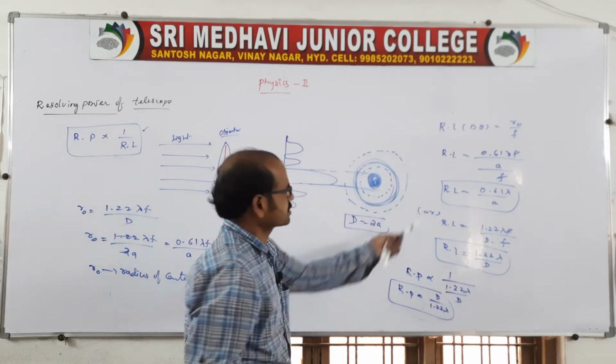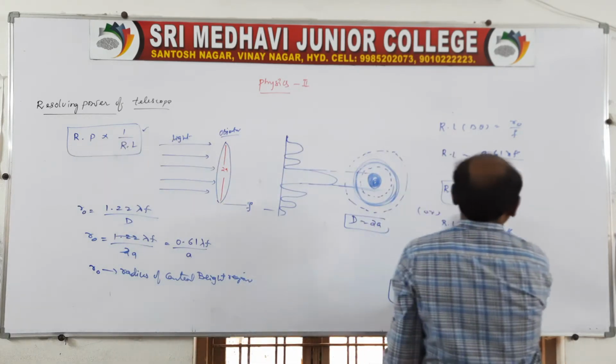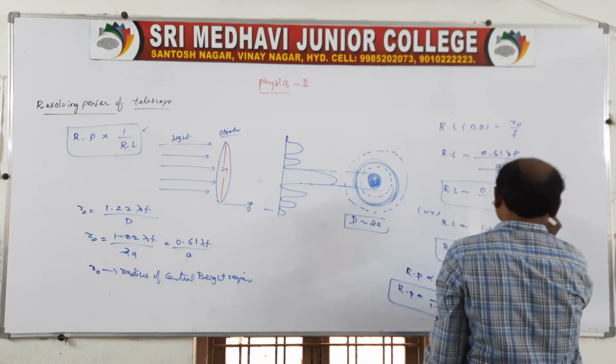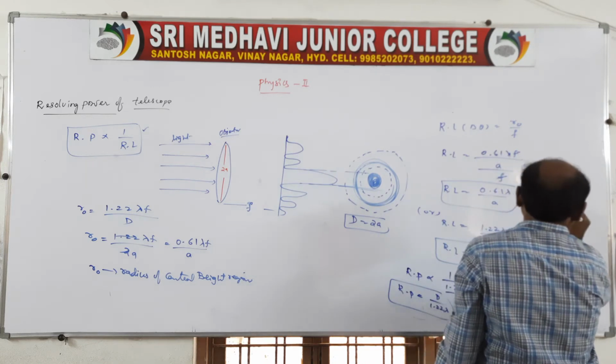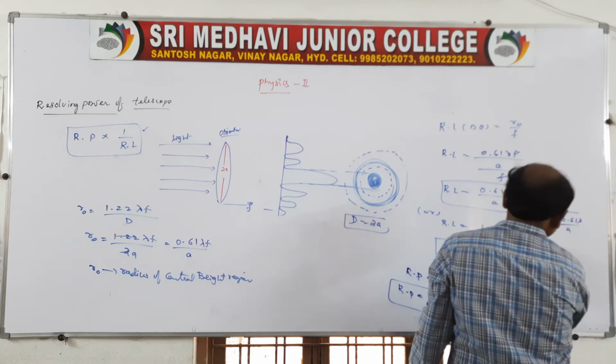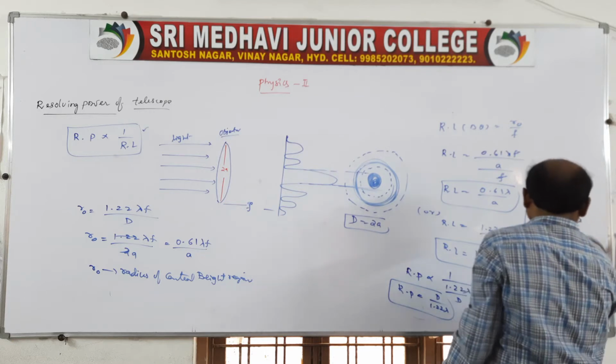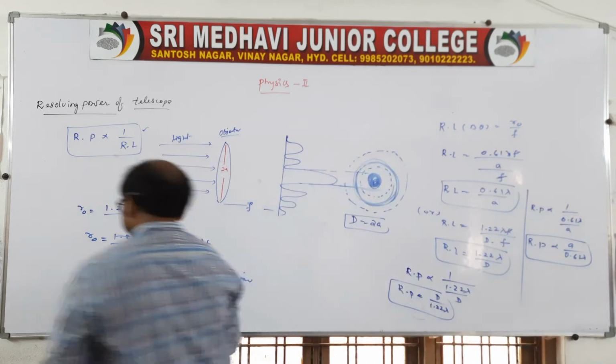Or else, if you want to write it the other way, no problem. We get the resolving power inversely proportional to 0.61 lambda by a, therefore it is proportional to a by 0.61 lambda. This is actually for 4 marks.